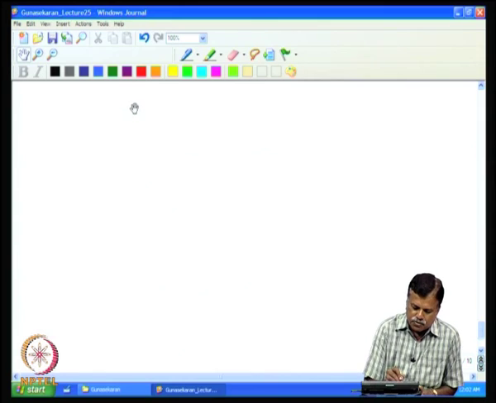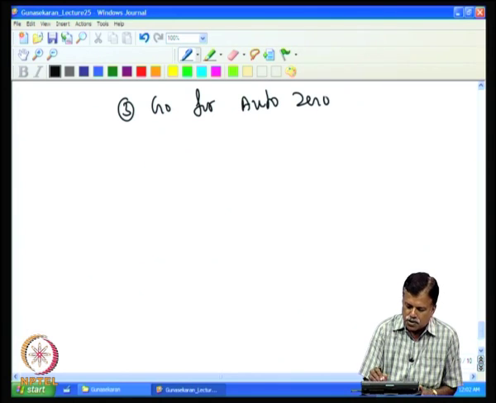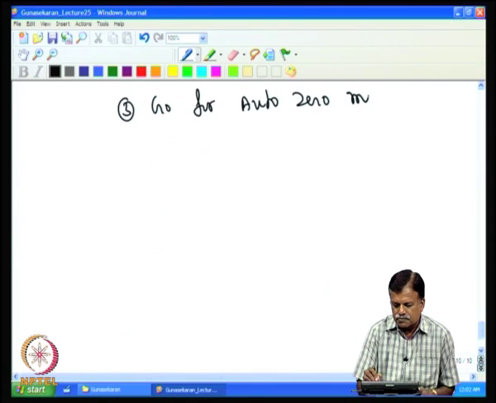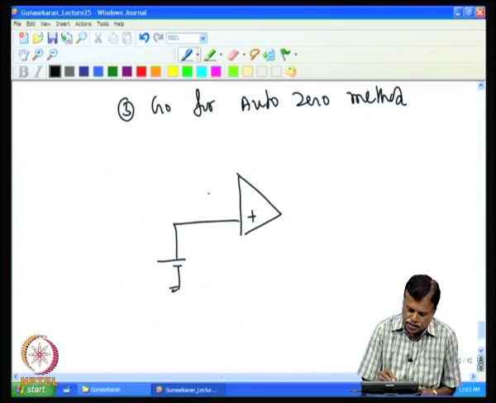That is, the third option would be to go for the auto zero method. In this method, what is done is that you have an input signal, for example, the input signal is connected here.